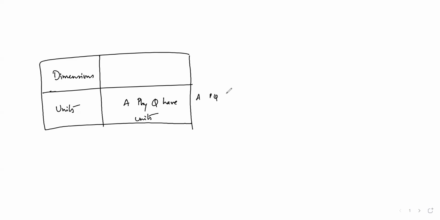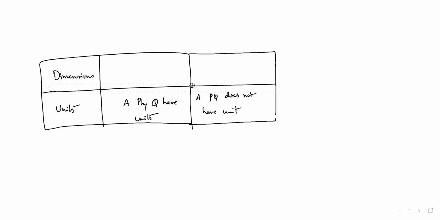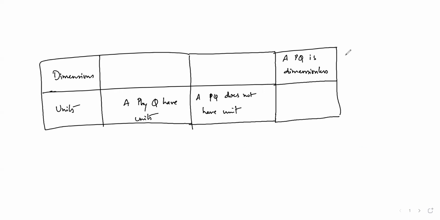Similarly, if a physical quantity does not have unit, then what does it say about the dimensions? Next, let us say a physical quantity is dimensionless. Then what does it say about the units? Let us say a physical quantity is having dimension. What does it say about the units?